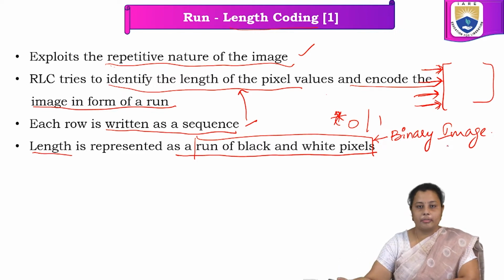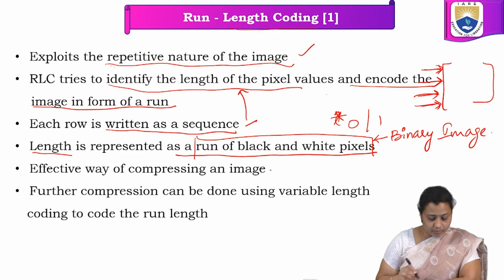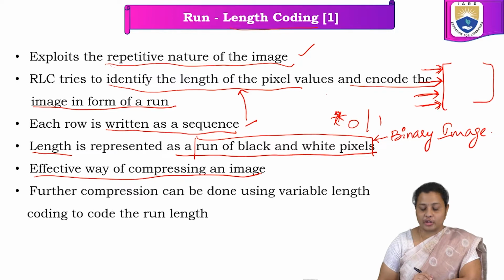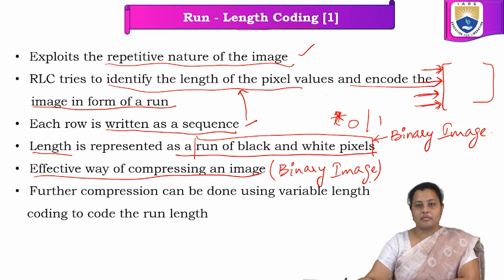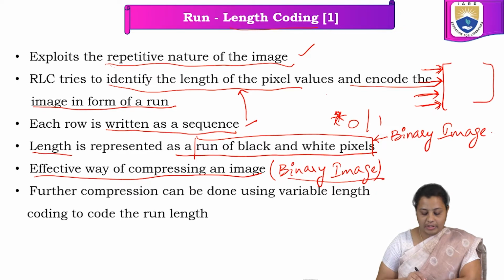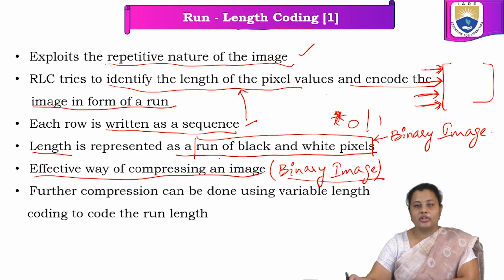So image compression can be achieved. It is an effective way of compressing a binary image. If we have a gray image and a binary image, for the binary image we will use RLC coding to achieve image compression.